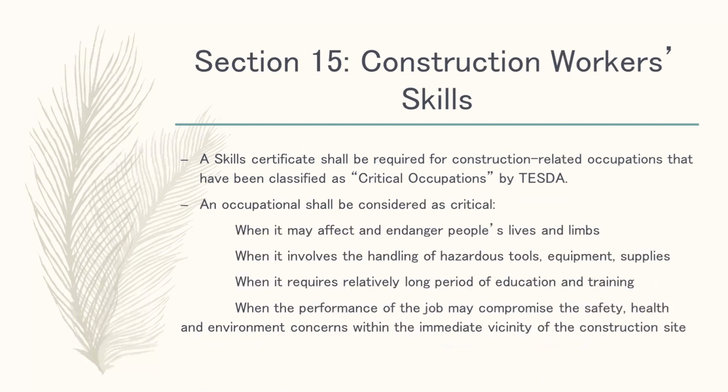An occupation shall be considered critical when it may affect and endanger people's lives, when it involves the handling of hazardous tools, equipment, supplies, when it requires a relatively long period of education and training, when the performance of the job may compromise the safety, health, and environmental concerns within the immediate vicinity of the construction site. And that's all under Section 15.